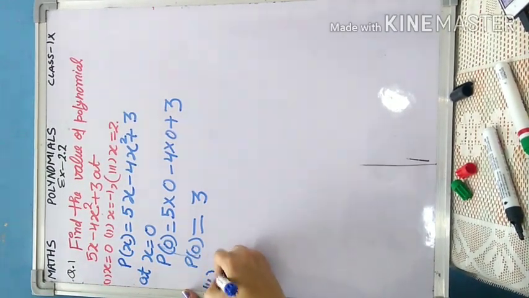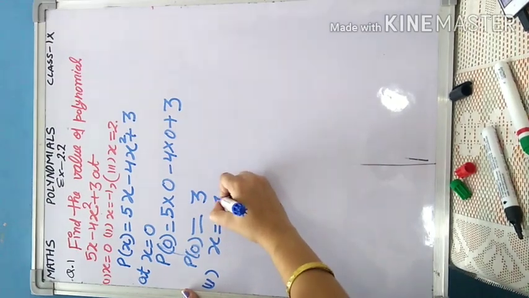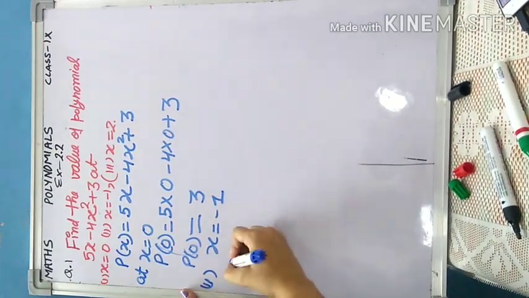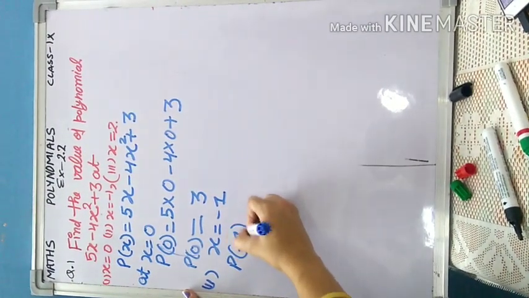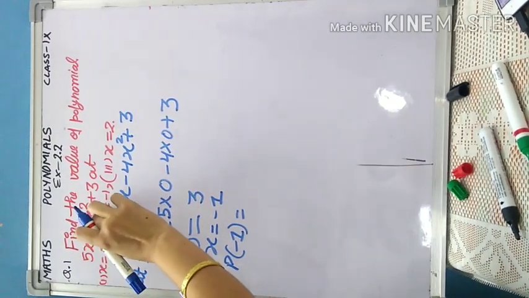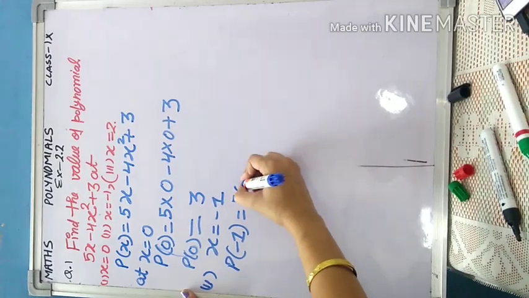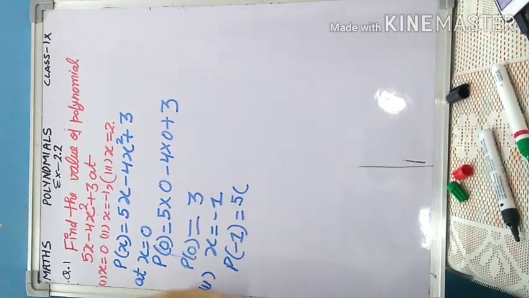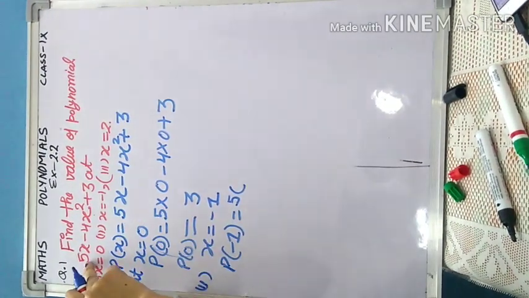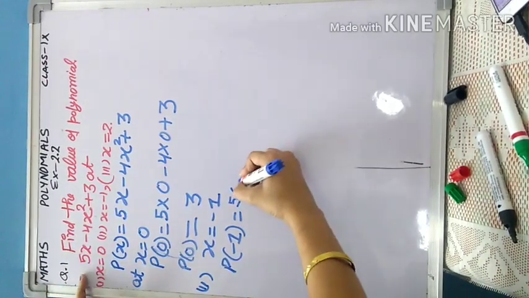See the second part. When x is equal to minus 1, we will put minus 1 in this polynomial wherever x is given, at the place of x only. Nothing else will change. Okay, this 5 will be as it is.